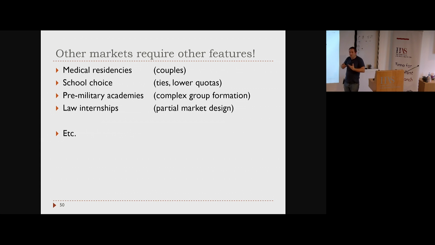So how do you output a matching that sticks if everybody can deviate with people that we do not match? That's a difficult problem. So it's a new work in progress on how to do it. I mean, we did it already. We did it practically, but now there is theoretical work on that.